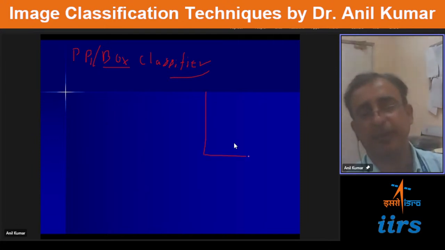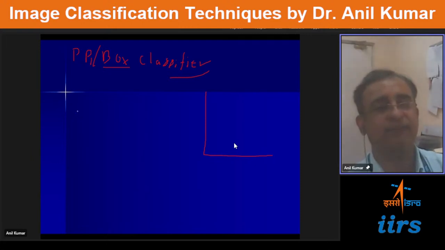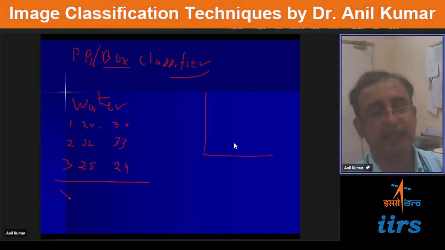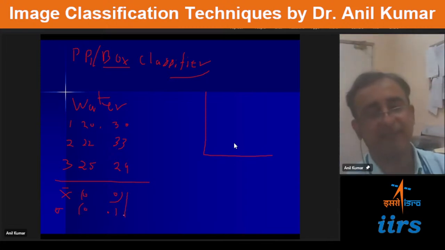If you take a two-band feature space, it creates a box. How does it create it? Suppose we provide the training data of water in two bands: sample one is 20, 30, second sample 22 and 33, third sample 25 and 29. Then from the samples we can find the mean parameter, and we can also find the sigma value with respect to the mean in band 1 and band 2.